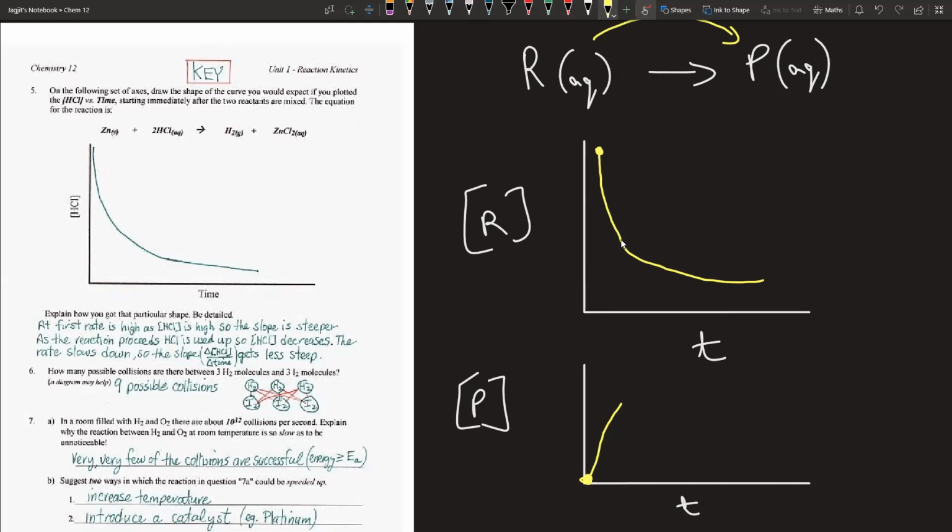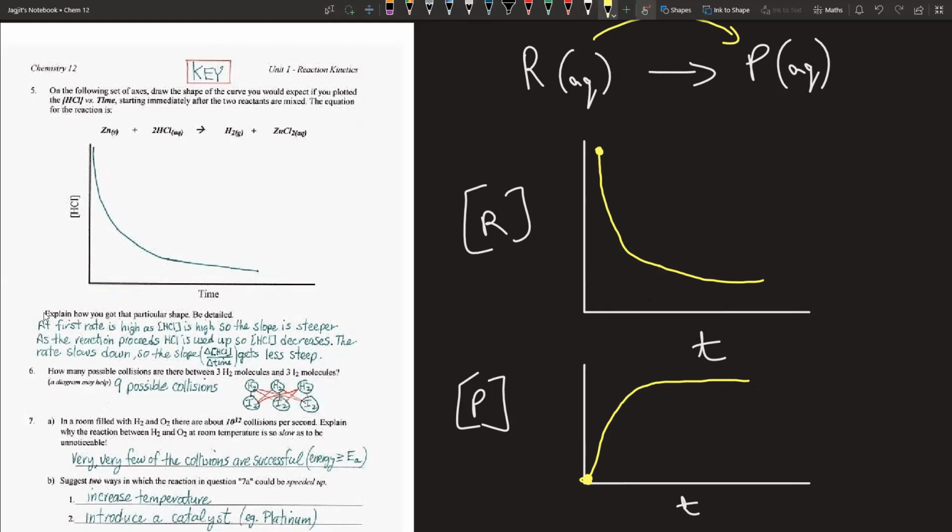Afterwards, your reactants are slowing down, your rate is slowing down, so your buildup of products is slowing down, and eventually it tapers off as well. So if they ever ask you to draw the graph of the reactant concentration with time, or graph of any product with time, this is how it would look like. Do you understand it? Yeah.